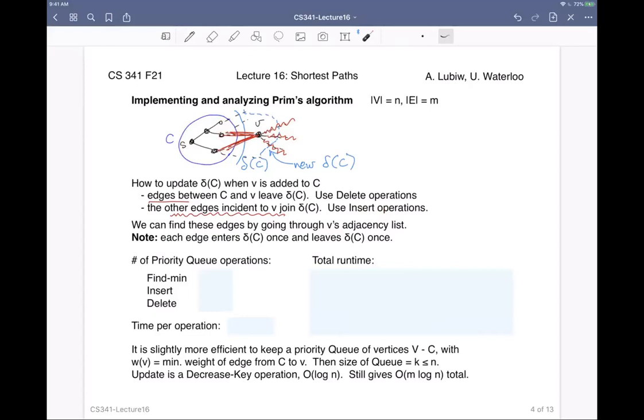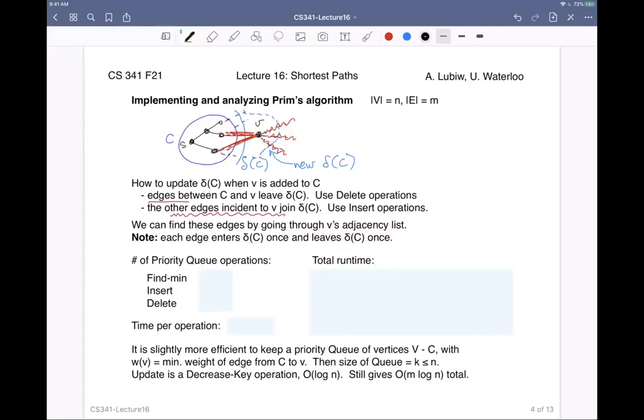So I go through V's adjacency list once. And the thing to observe for the runtime is that each edge will enter this boundary set once, and it will leave the boundary set once. So per edge, how many insertions am I doing? One. And how many deletions am I doing? Just one.